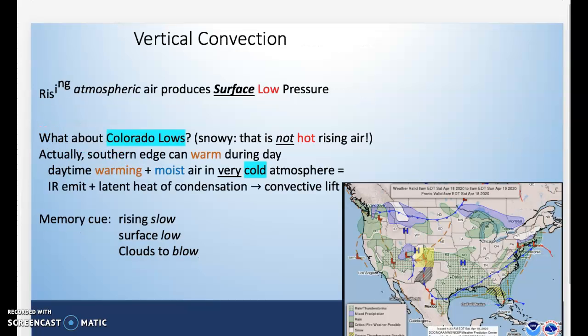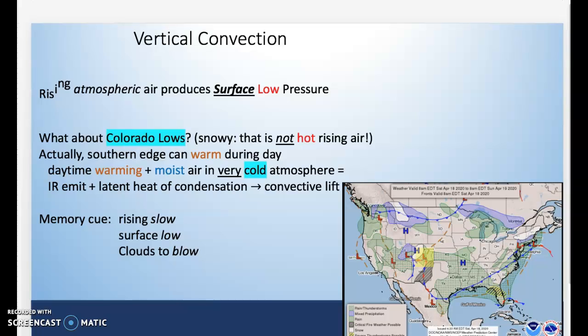And you may understand this really well for subtropical lows that produce hurricanes. But what about Colorado lows? Look at what is highlighted on the map there. A Colorado low just on April 18th. And certainly that's not hot rising air. What's going on there? Actually, the southern side of that low does get warm during the day.